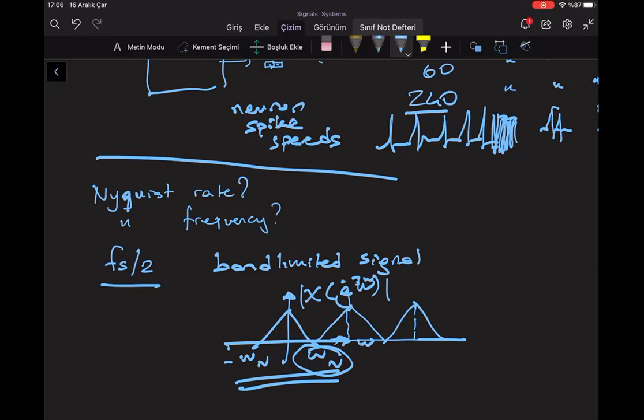Or if I analyze my signal, I will have different sines and cosines which constitute that signal, right? This is what Fourier says. So what does highest frequency or maximum frequency mean? In my signal, what is the highest sinusoidal signal that contributes to the signal?